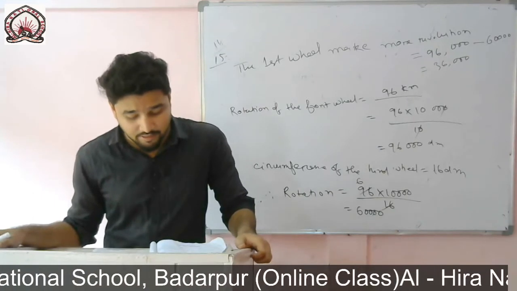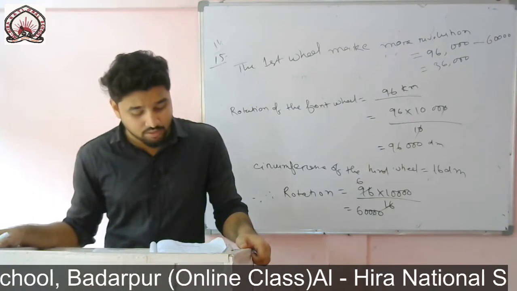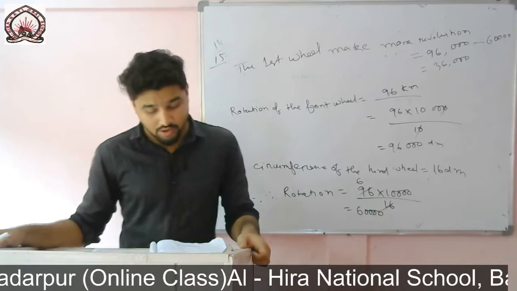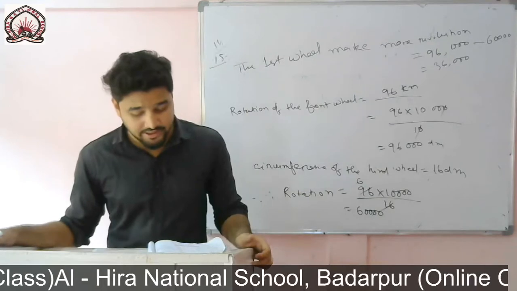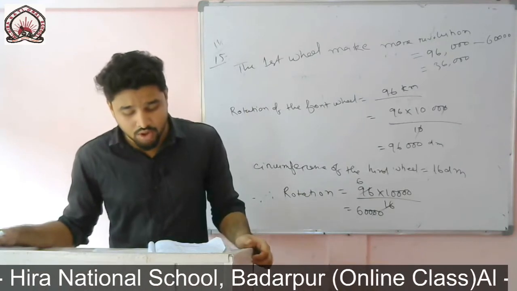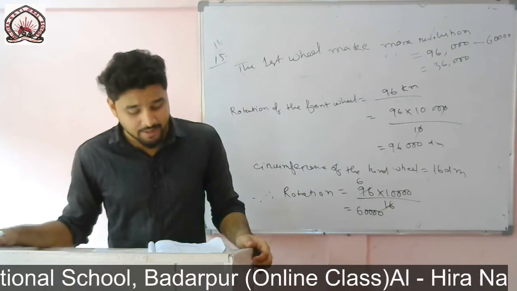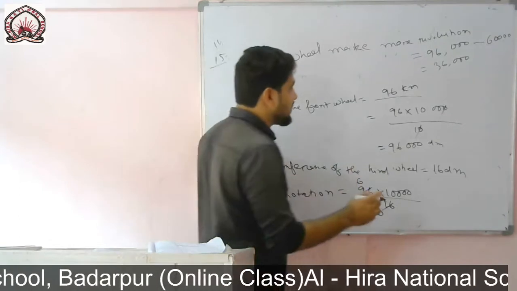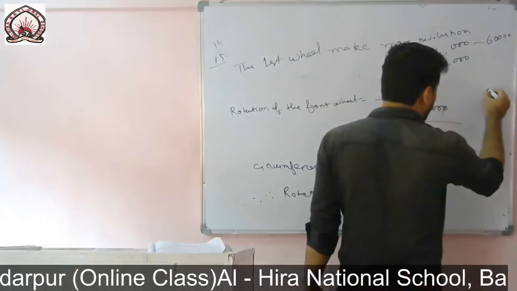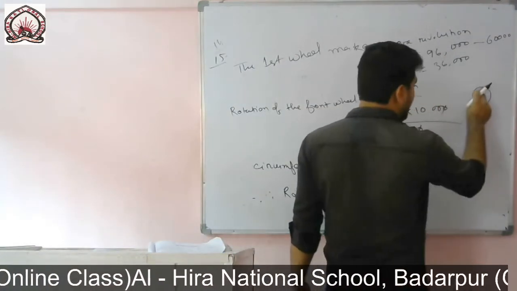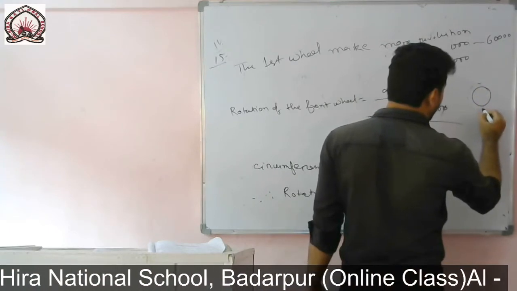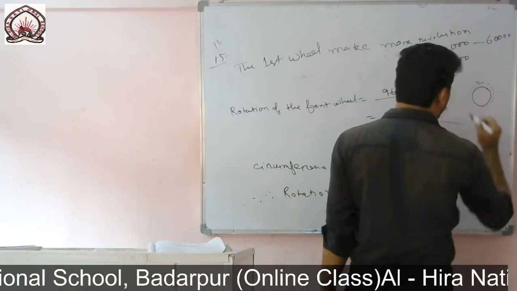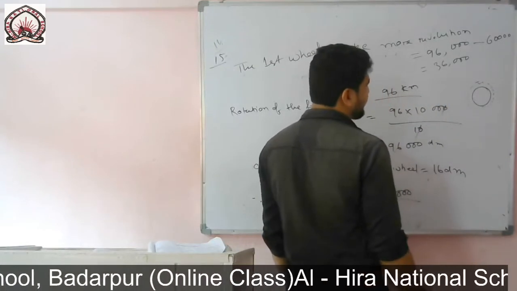A man walks around it exactly once, keeping close to the edge. If his step is 55 centimeter long and he takes exactly 400 steps to go around the pond, what is the diameter of the pond? Suppose this is a pond in a circular shape, and a man walks around a path nearby the pond.